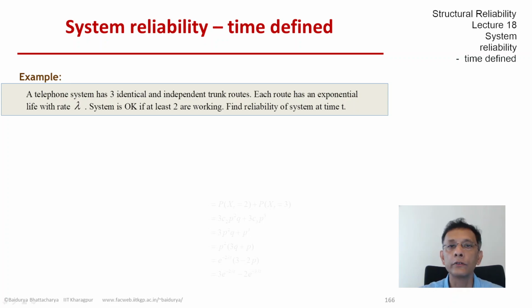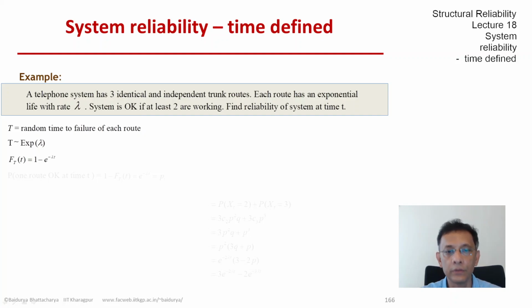So it's a 2 out of 3 system, and each time to failure is exponential in nature. The probability that any one of the elements is working at time t is exponential minus lambda t, which we call p sub t. That is the success probability for each element.